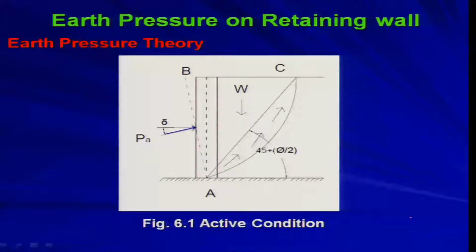Now, as I told you, in the active condition, you see this is the wall, say AB is the wall. This is the center line of the wall as shown here. Now, if the wall is moving, there are several kinds of movement. The movement shown here is rotation with respect to the base.